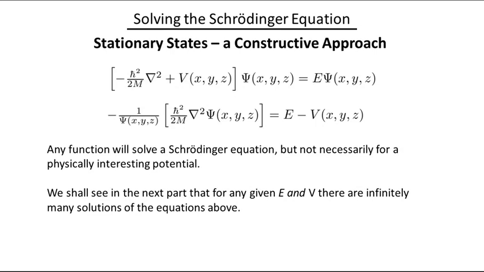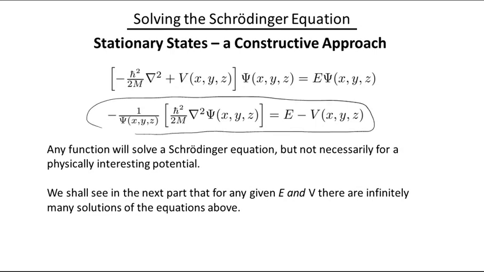Okay, so now back to this somewhat trivial procedure. You put in any function and it will solve a Schrodinger equation, but usually not an interesting one. But it's worthwhile looking at the cases where the interesting solutions are obtained. Furthermore, there are constraints on what are allowable solutions to the Schrodinger equation.